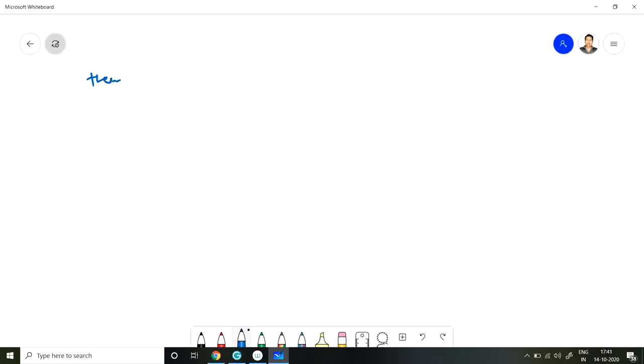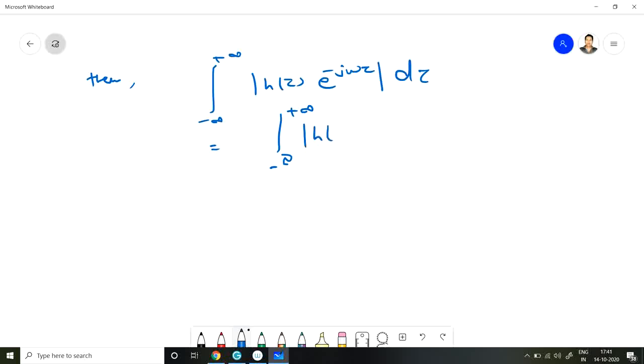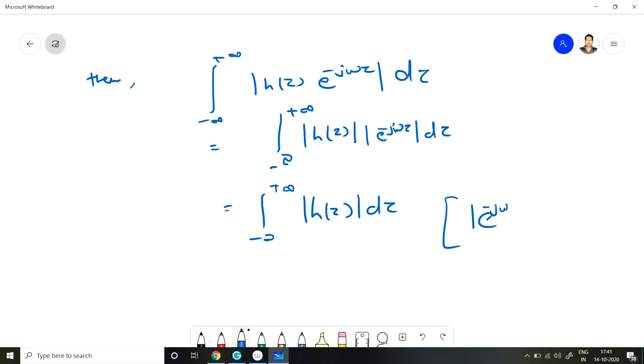Then we have the modulus of the integral of h(tau) e^(-j omega tau) d tau, which is equal to the integral of modulus of h(tau) times modulus of e^(-j omega tau) d tau, and it is equal to the integral of modulus of h(tau) d tau. Why? Because modulus of e^(-j omega tau) is equal to 1 only.